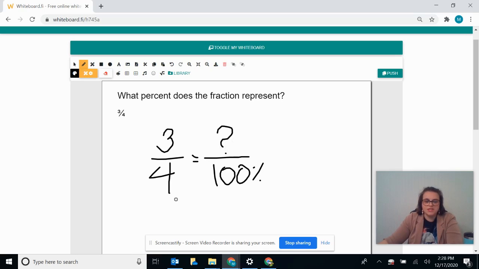So now we just have to see how we go from the first fraction to the second fraction. So to go from 4 to 100, I'm getting bigger, so I'm going to multiply. And I'm going to multiply 4 by, do you know it? 4 by 25, because 4 times 25 equals 100.